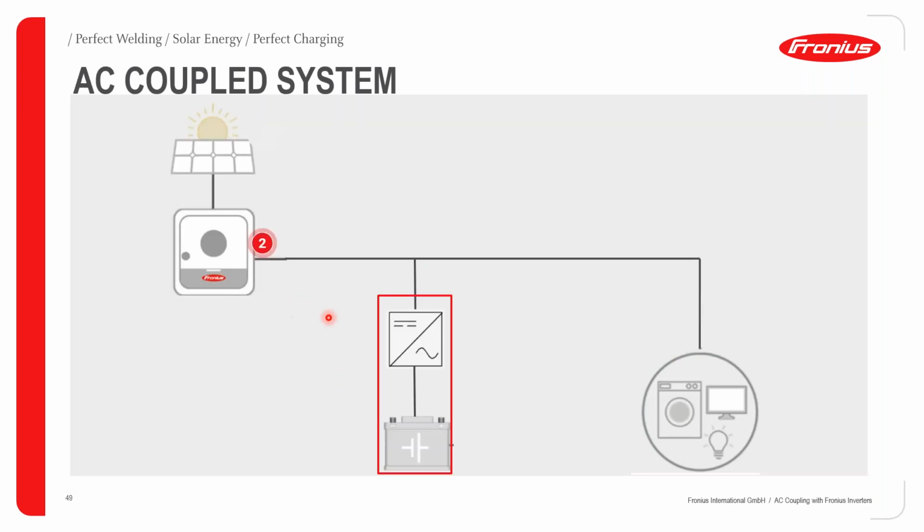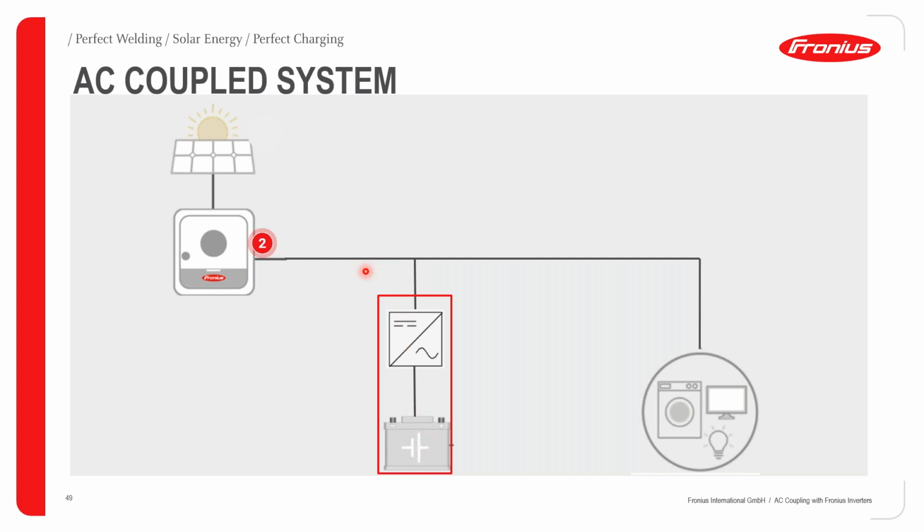Now, coming to the AC coupled system, we can see that the battery is not connected to the PV inverter. It is rather connected to the AC line or the AC bus of the system. So that's basically how the systems get their names. It's dependent on how the battery is connected to the PV inverter.